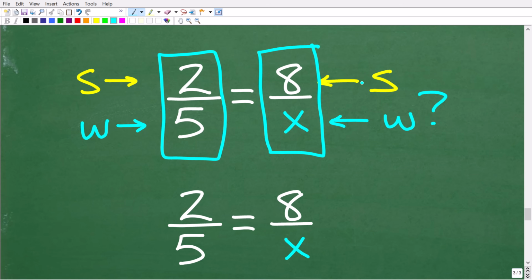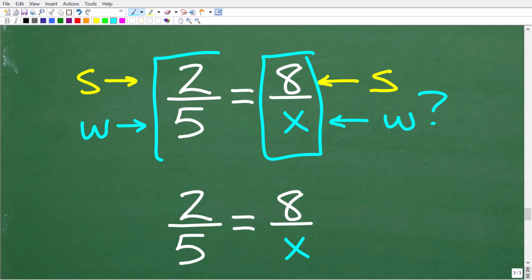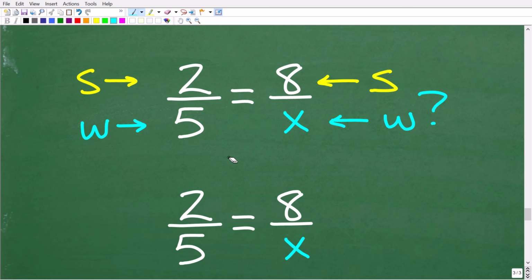But the parts of sugar instead of 2 are going to be 8. So what we don't know is the parts of water. So essentially what we're looking to do is build a fraction that is equivalent to this fraction right here. So these will be two equal fractions, or again, by definition, a proportion.